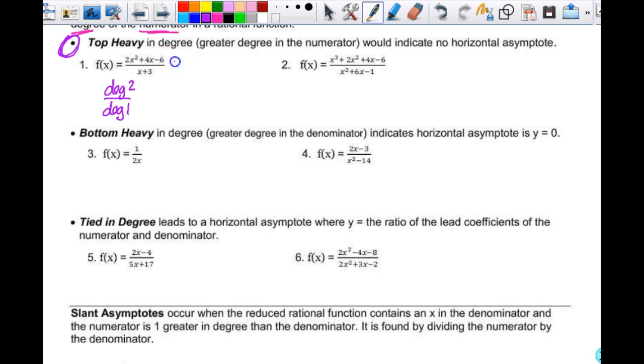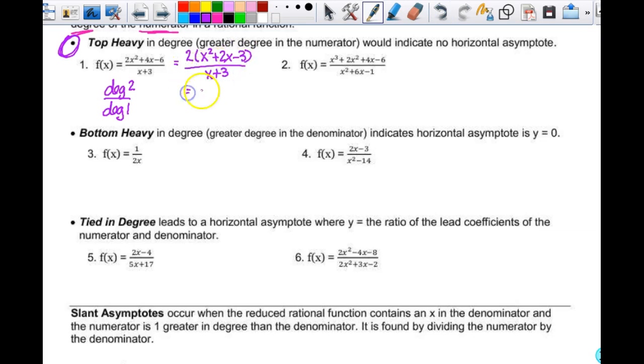Can I factor this numerator here? Is there a GCF in the numerator? 2, right? So I can factor out the 2, and that leaves me with x squared plus 2x minus 3 over x plus 3.